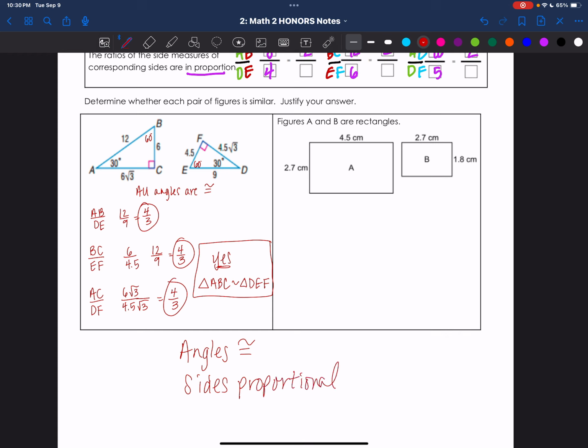So it has to pass both in order for it to be similar.